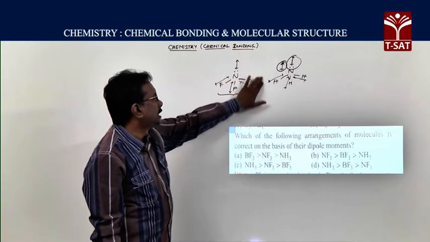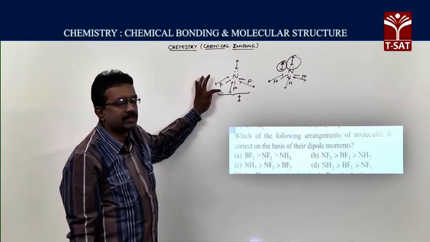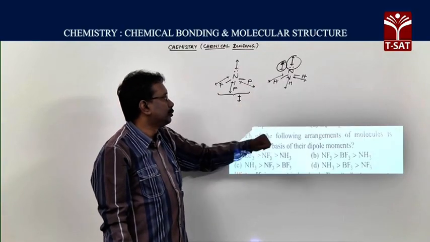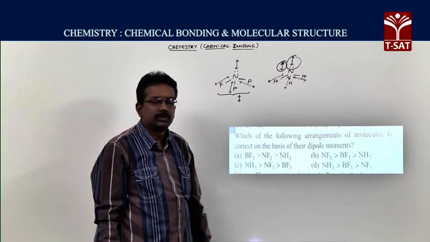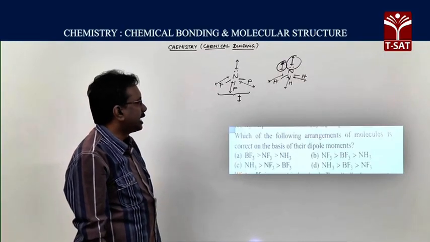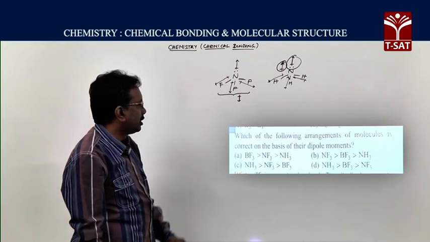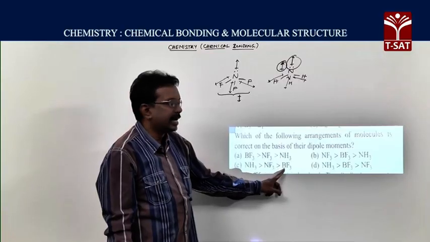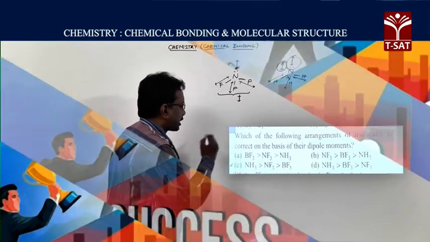That's why the resultant becomes less, even though the more electronegative fluorine is available. Among these two, NH3 has the larger dipole moment. So the least one is BF3 and the highest one is the ammonia molecule. So ammonia greater than NF3, greater than BF3. This is the correct option.